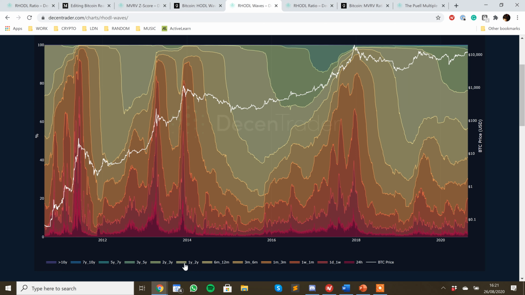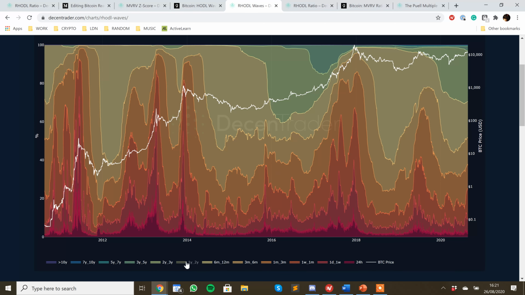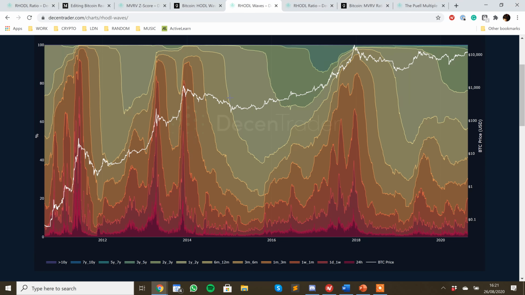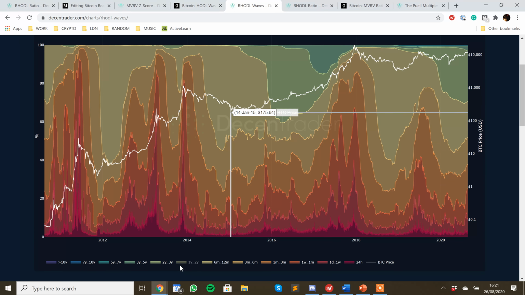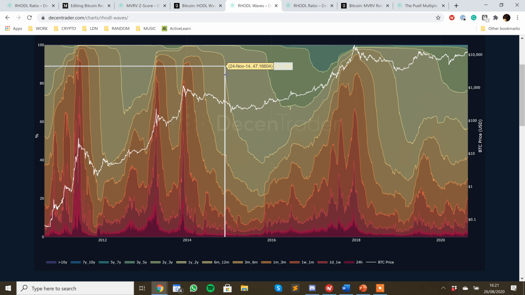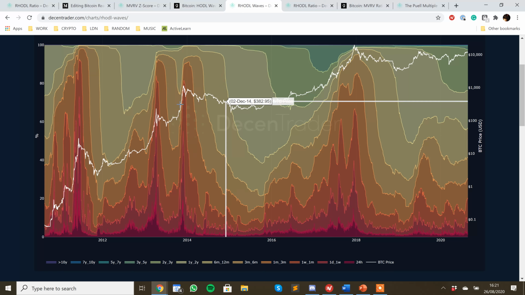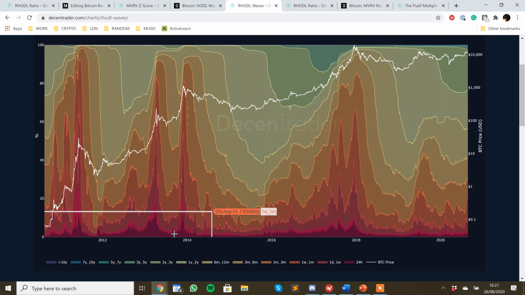If I click it on and off, you'll see. And so basically I'm creating a ratio between those more extreme and sensitive shorter term waves versus the longer term ones.